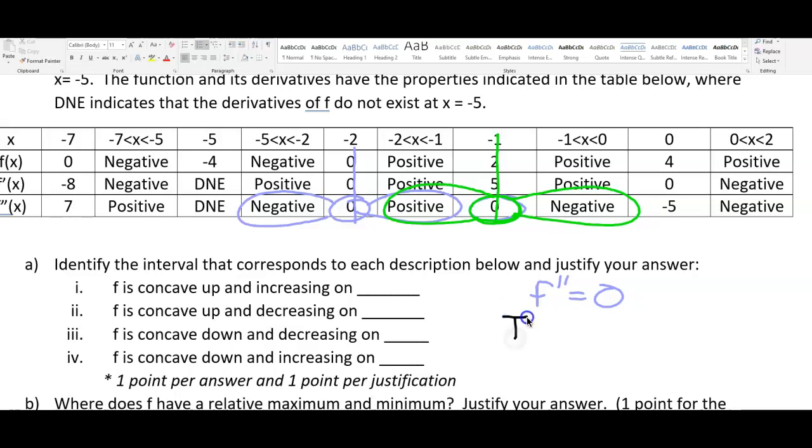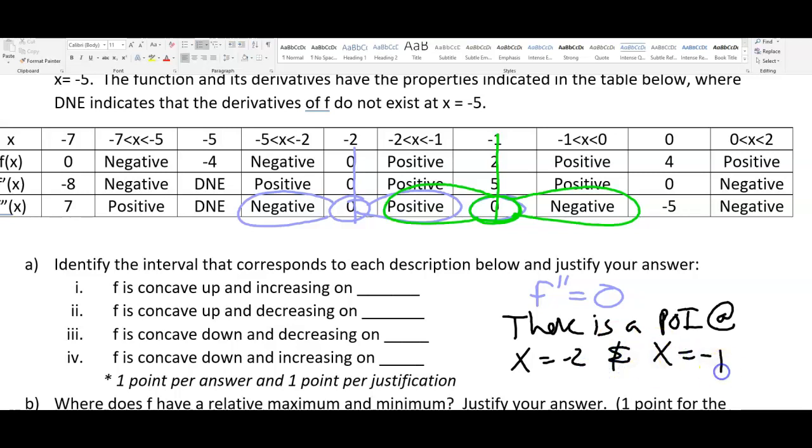There is a point of inflection at x equals -2 and at x equals -1, and that is going to be 1 point for you guys if you just identify the 2 places where it happens.